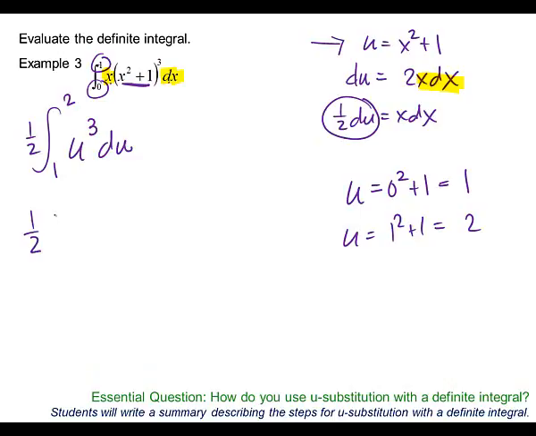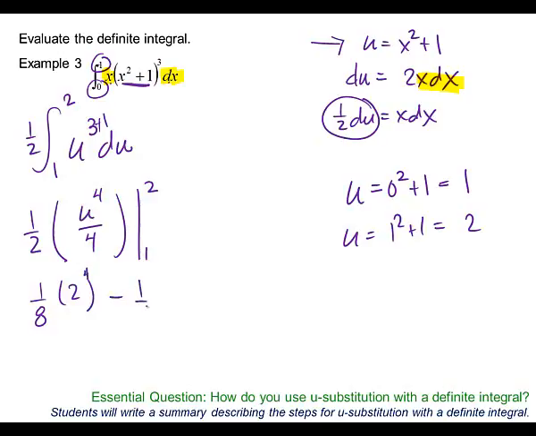So we have 1/2. We've got u to the what? Add 1. 4th over 4. And we've got to go from 1 to 2. All right. Could I make it 1/8? 1/8? Sure. Okay. We've got 2 to the 4th minus 1/8, 1 to the 4th, right?